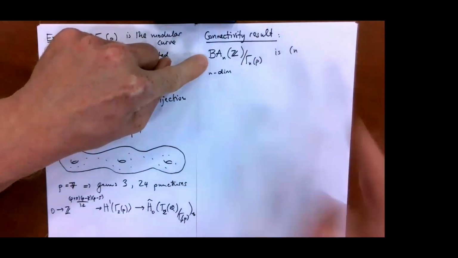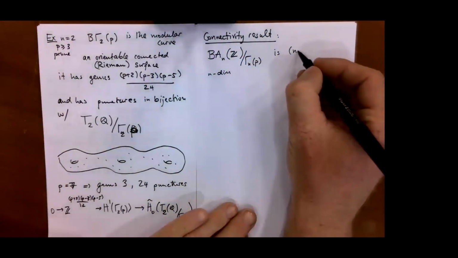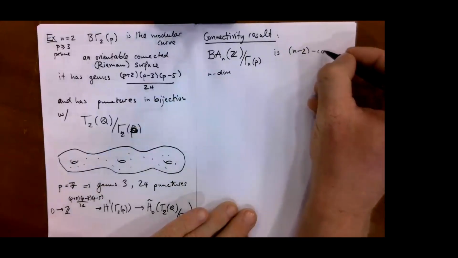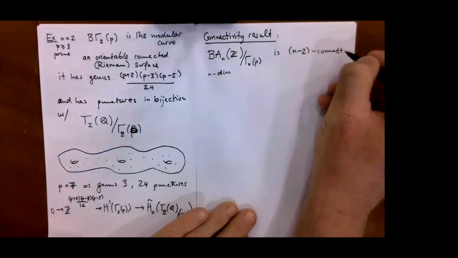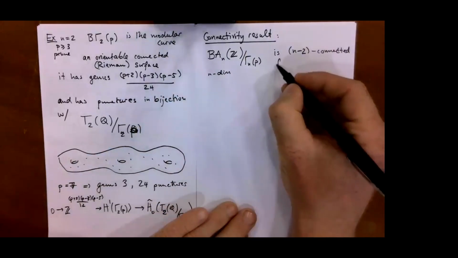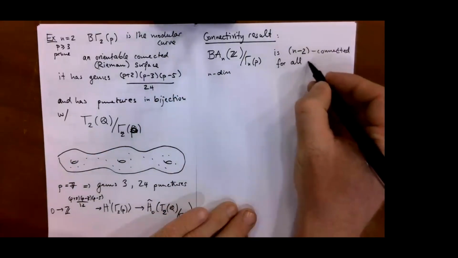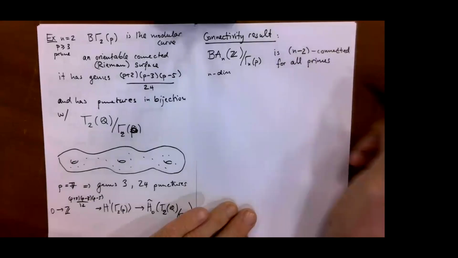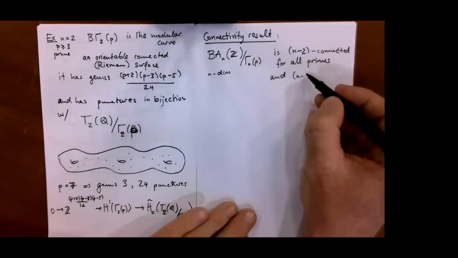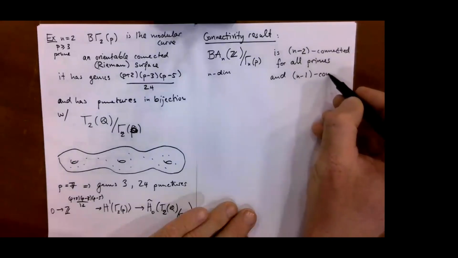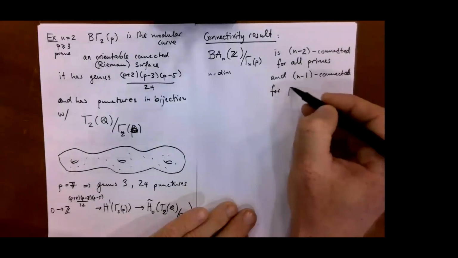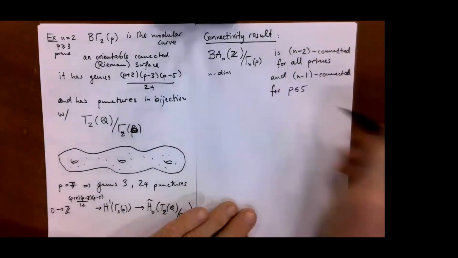Now, this is not true in general anymore. In general, with this quotient, it is only n-2 connected for all primes, and n-1 connected for p at most 5.